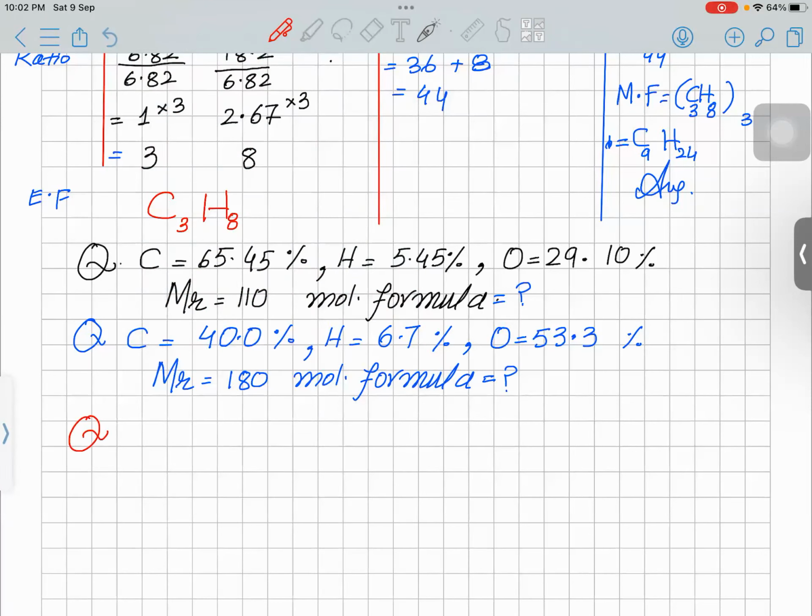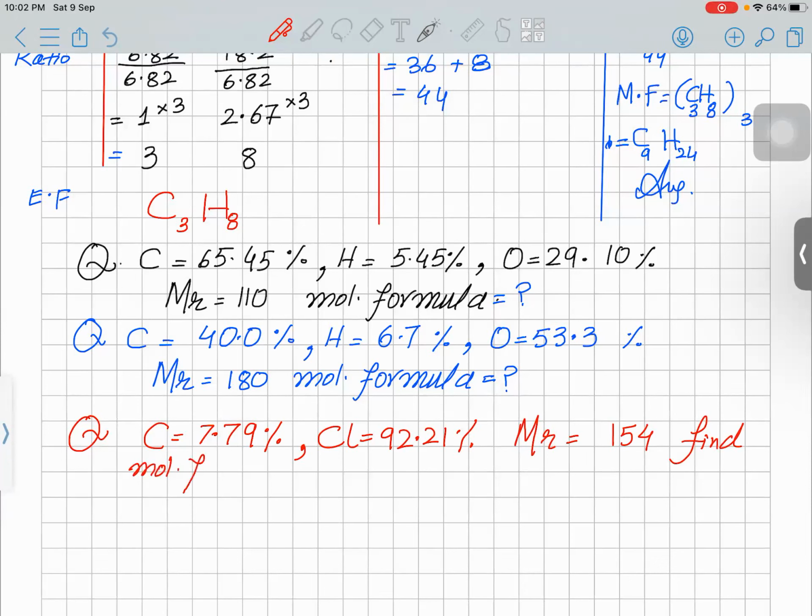Question number 3. Carbon 7.79%, chlorine is 92.21%. MR is 154. Find the molecular formula.